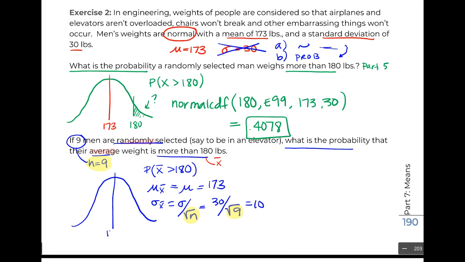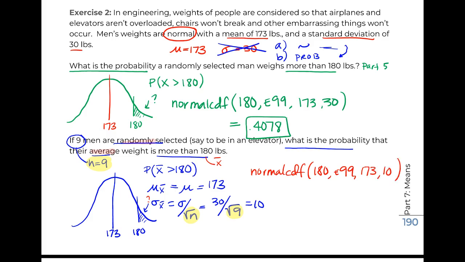So this is still centered at 173, and we're still interested in 180 or higher. But this is going to change because when we go get this and use normal CDF, the only thing that will be different here is that standard deviation. Instead of 30, we're going to use 10.